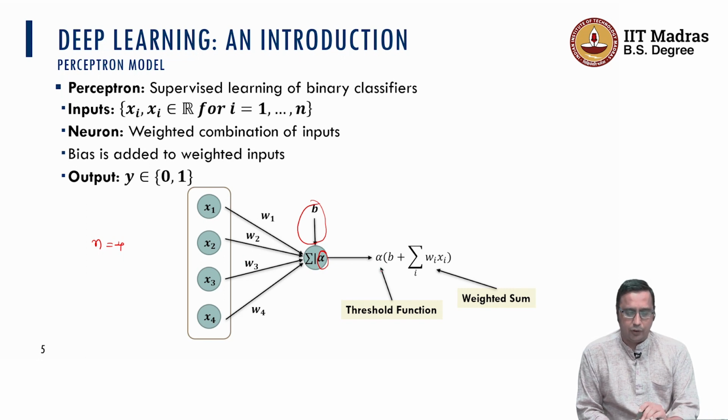Depending on the thresholding function and threshold, we will have output equal to either 0 or 1, and typically the objective of the learning process is to find these weights and bias b using the data available to us, which will be x1, x2, x3, x4 and the corresponding label.